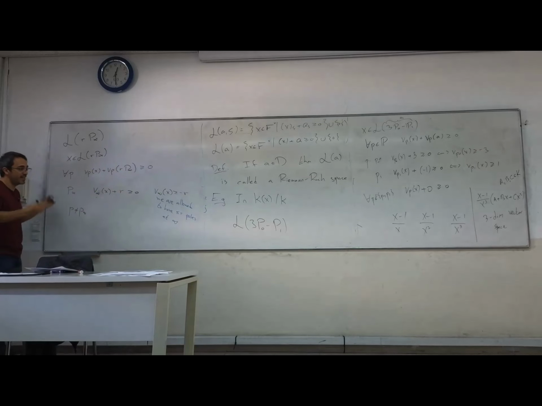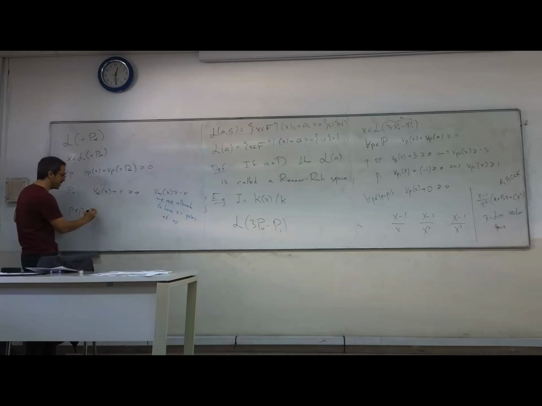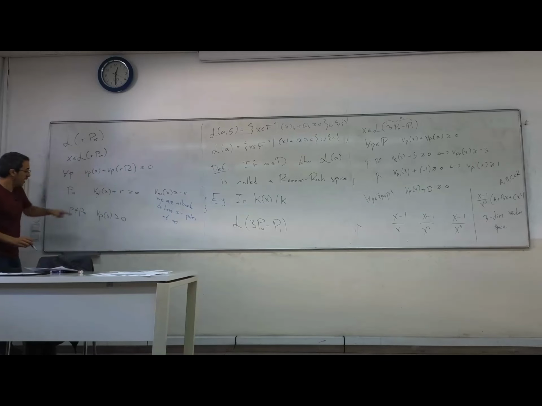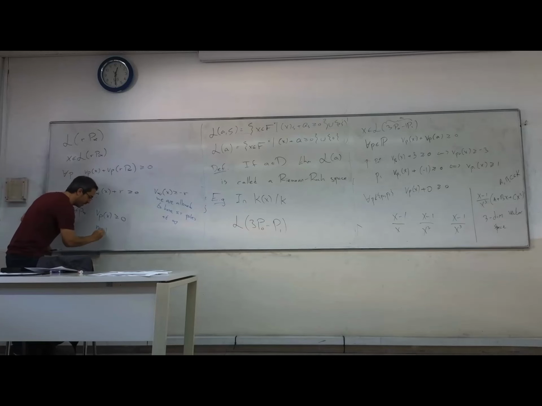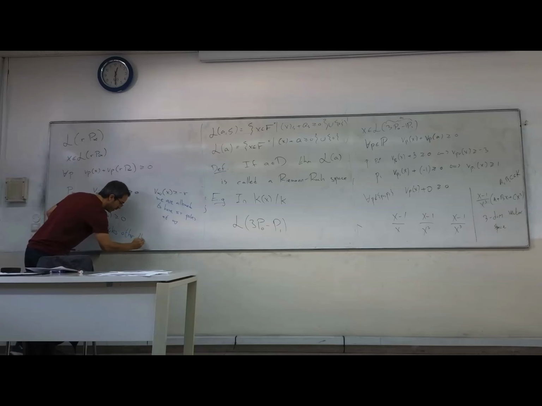So x is fine, at least as far as this is concerned. And what about the rest? You need vp of x plus 0 to be at least 0 for every p that's not p infinity. So what does it mean? No poles elsewhere, other than at infinity.